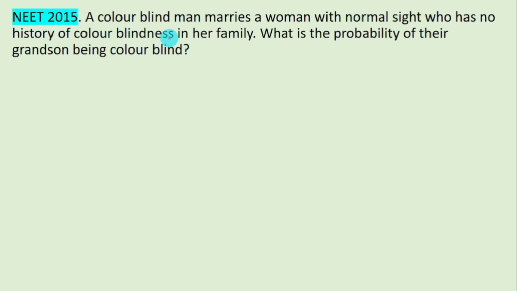A colorblind man marries a woman with normal sight who has no history of colorblindness in her family. What is the probability of their grandson being colorblind? So we are talking about three generations here: first generation, second generation, and third generation.